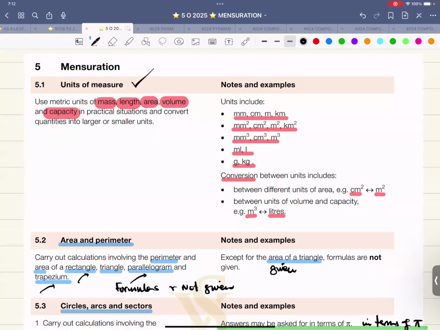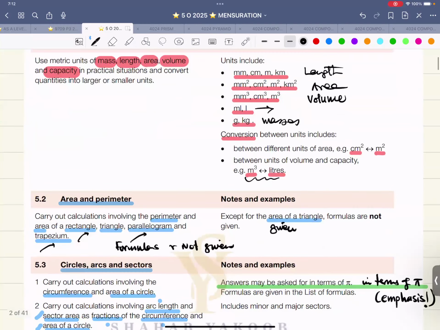Conversion is part and parcel, whether it's conversion of length, area, or volume, whether it's conversion between masses, or between milliliters and meters.